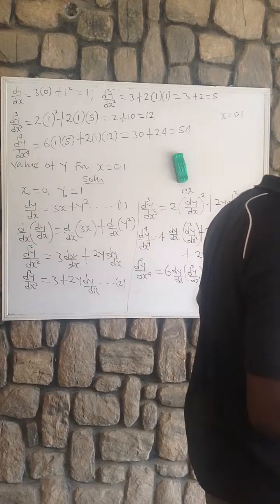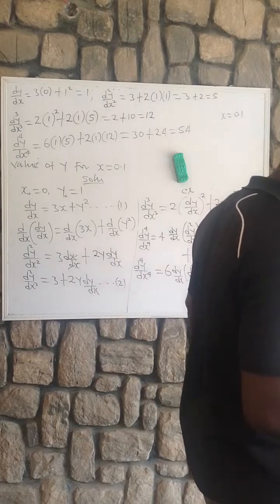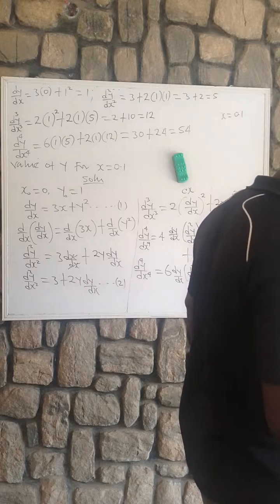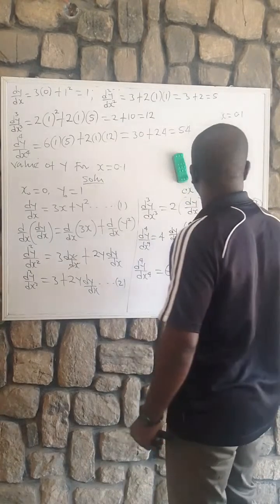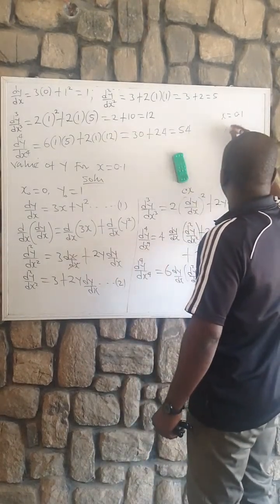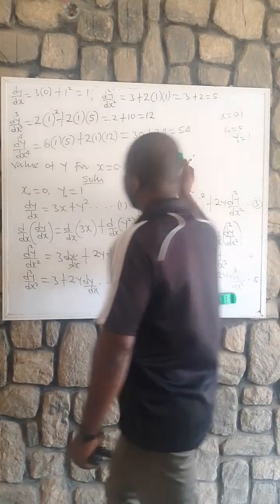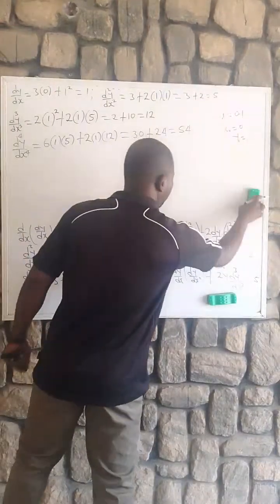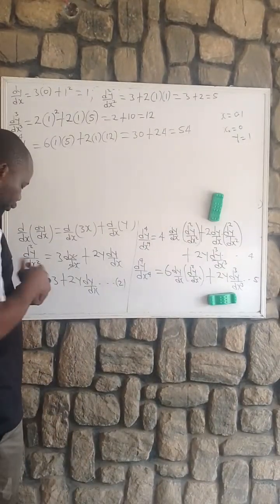So it means our x naught is equal to 0, y naught is 1, right? So we are moving. Exactly. Let's recall our Taylor series.